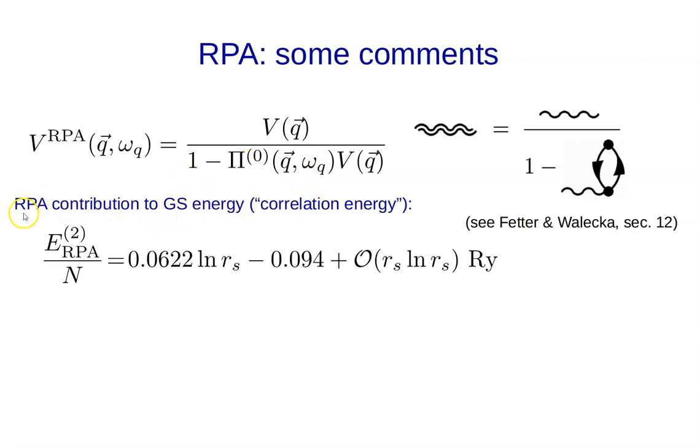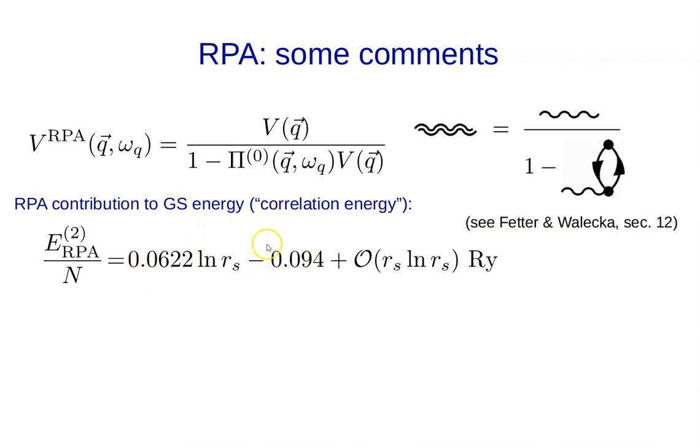And that regularizes the second order contribution from the interacting part. The second order contribution now, instead of exploding, will give you something that goes with log of Rs. Remember the first two terms: the kinetic energy goes as 1 over Rs squared, and the first order goes, with a minus sign, as 1 over Rs.